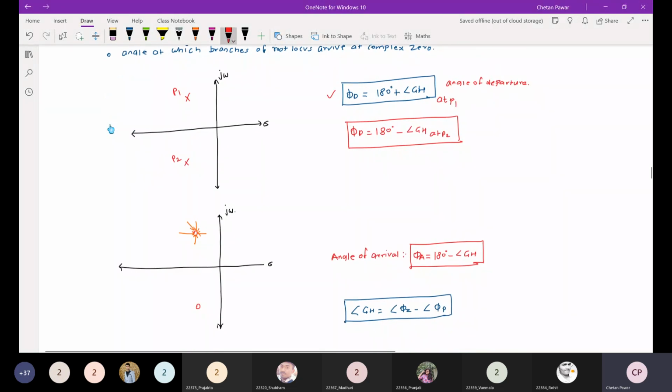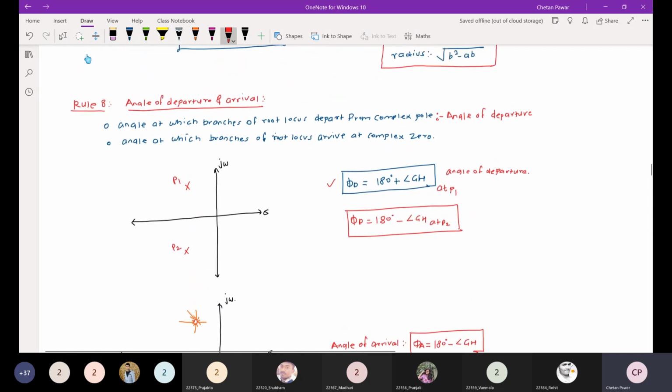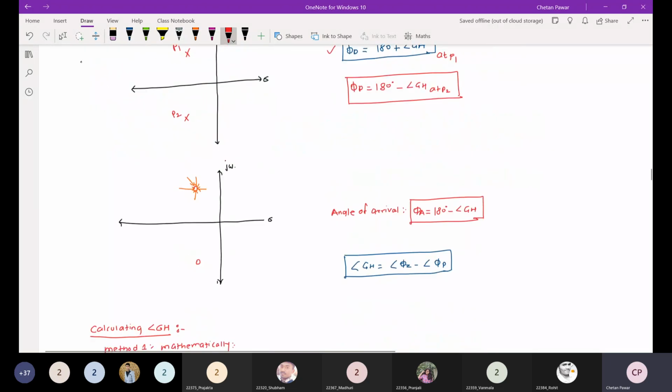Similarly, as we know that the root locus branch ends at open loop zeros. So if there are complex zeros, the root locus branch arrives at a complex zero at some angle, and that angle is called the angle of arrival. Here you can see that it may be any angle. To calculate the angle of arrival at these points, I say Z1, Z2.